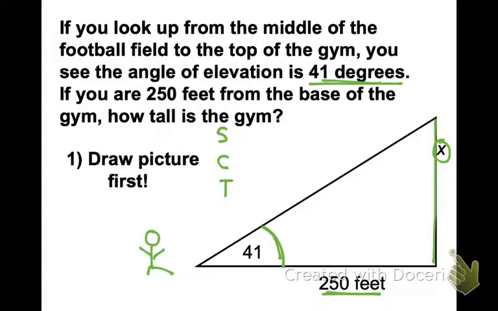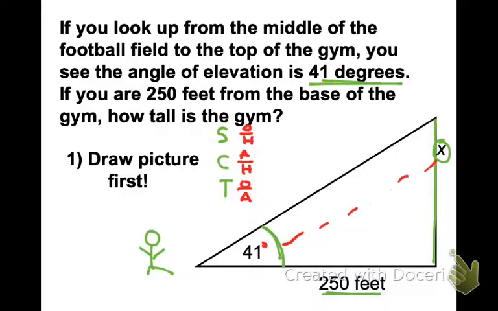So now we have to decide if we're going to use sine, cosine, or tangent. And before we even do this, pause the video, and in your calculator, you want to go to mode and click over, and if it's not set to degrees, set it to degrees. Okay, so we're coming off of angle 41 degrees.